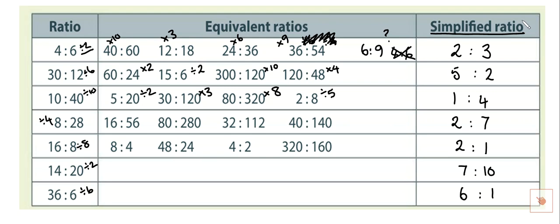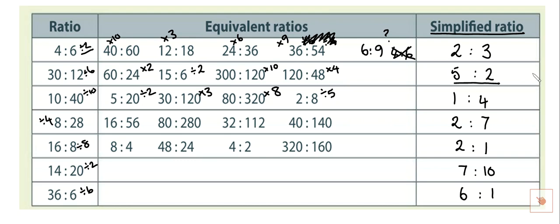So how can I find an equivalent ratio? Well, I take any of these ratios and I multiply or divide by anything I like. So for instance, let's take the 5 to 2 and find an equivalent ratio that we don't have here yet. What can we multiply it by? 2.